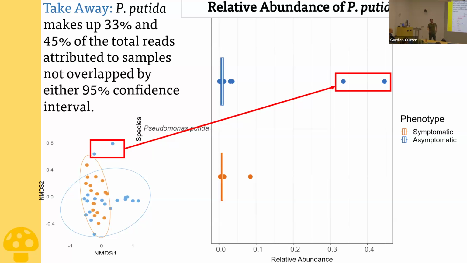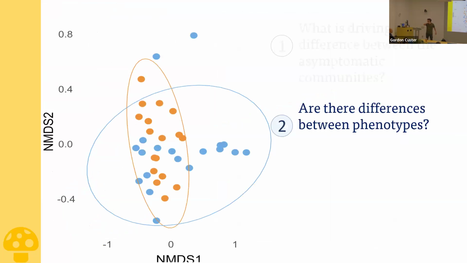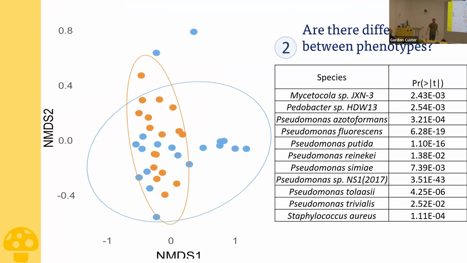Could you go to the list of the Pseudomonas that we have in these? Your slides are beautiful, by the way. Thank you. So it's likely that Pseudomonas zotoformans may be one of the pathogens as well. That's interesting.